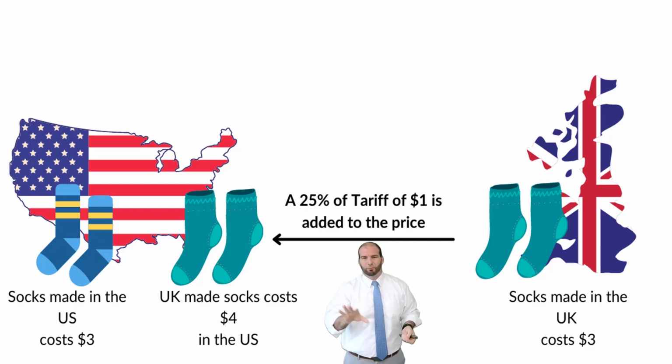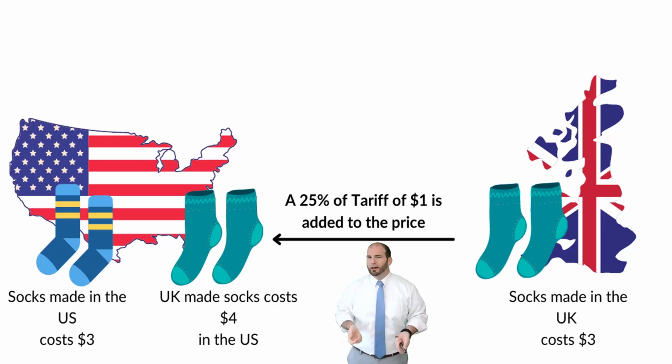The math is off here, but it's economics. So they're adding a $1 addition to that $3 to make it $4. So now the England socks are $4 here and the American socks are $3.